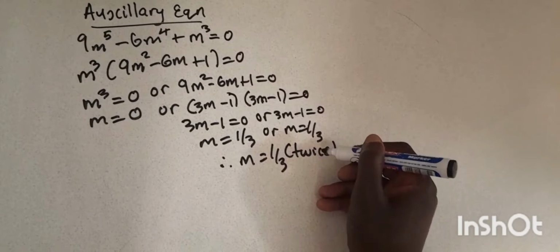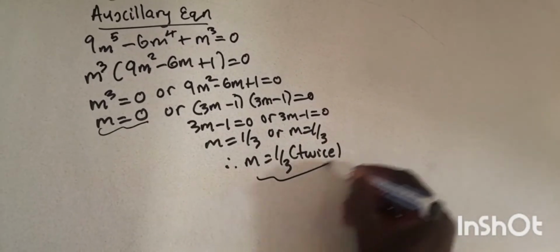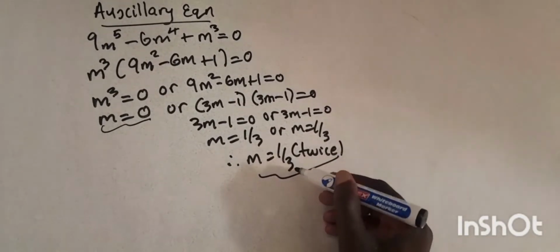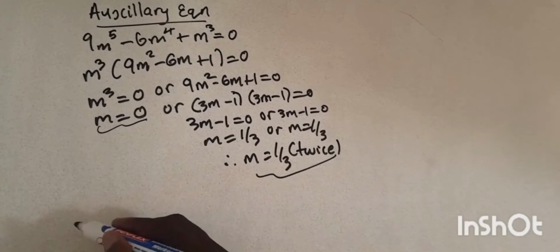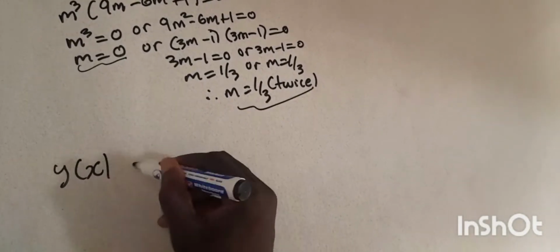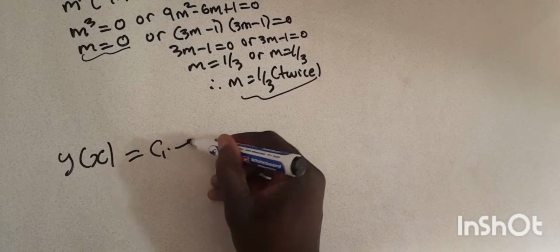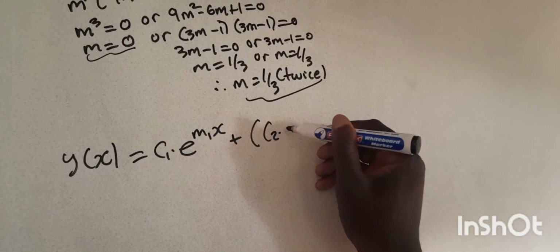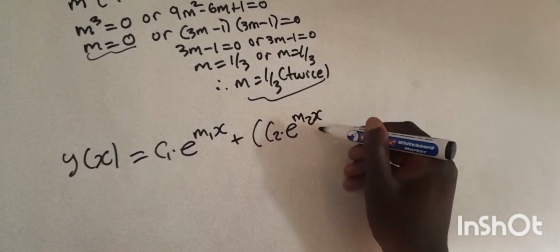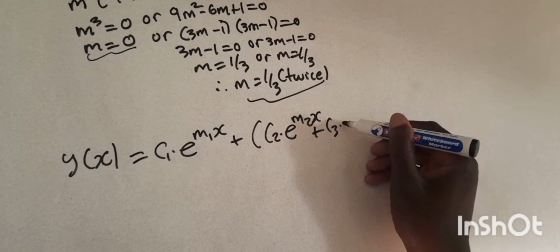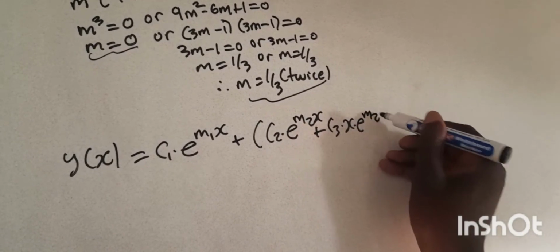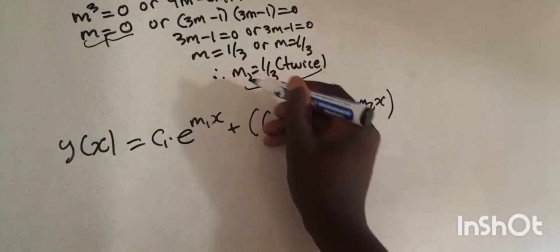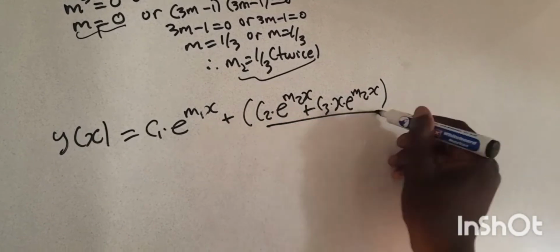That means we have real and distinct roots, but this other one is twice. So the general solution that we said is y equals c1 times e to the power m1x plus c2 times e to the power of m2x plus c3 times x times e to the power of m2x. Since you can see that we have m1, m2, and m2 is repeated twice, that's why we're introducing this.